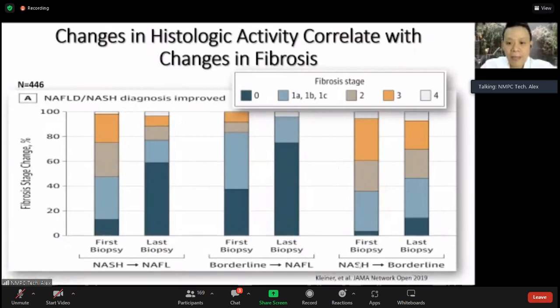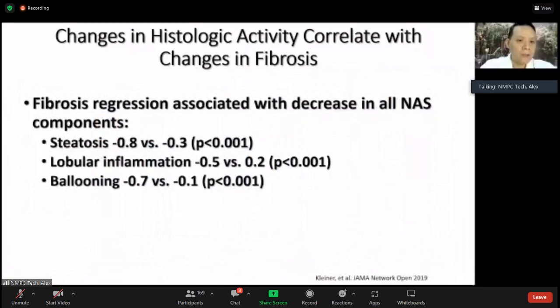Same thing when you have NASH to borderline scores, you will see that the degree of significant fibrosis also decreased in number. So this trial just proves to us that if you improve the liver inflammation, then you will also eventually improve your liver fibrosis scores.